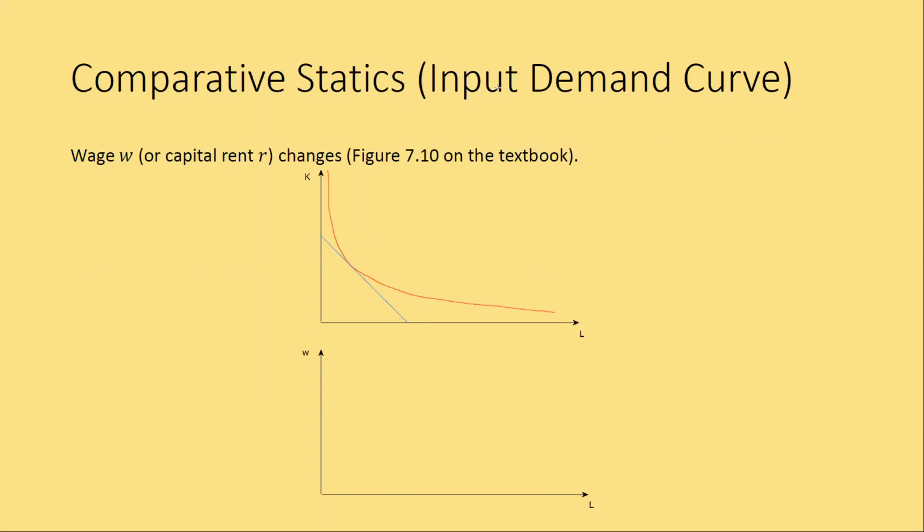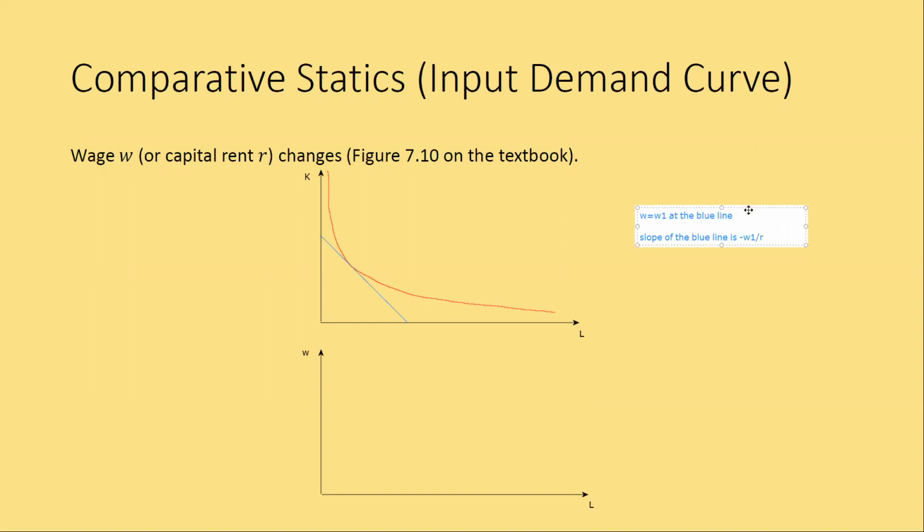So let's say at this blue line, the wage rate equals W1. So W equals W1 at the blue line. And the slope of the blue line is negative W1 divided by R.